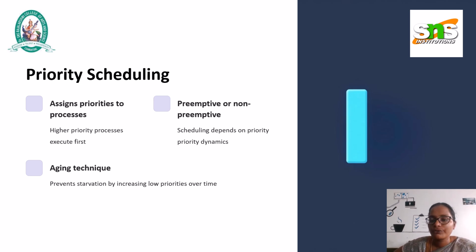If the CPU is being used by some other process, at that time we have to allocate special resources, or other processes can be in wait mode, or we can allocate resources for that higher priority process and it will be executed first. That is priority scheduling, so based on priority we will execute our process.